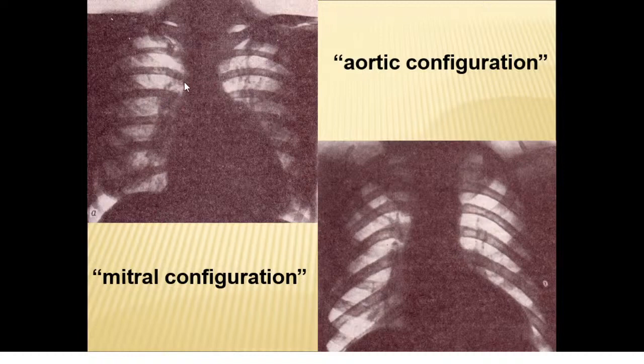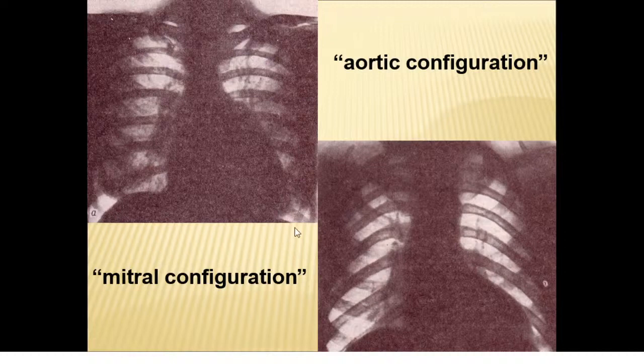And if you approximately put the line along the edge of the sternum, you see that the right ventricle is displaced laterally. If you put the mid-clavicular line, you see that the left ventricle is also displaced laterally.